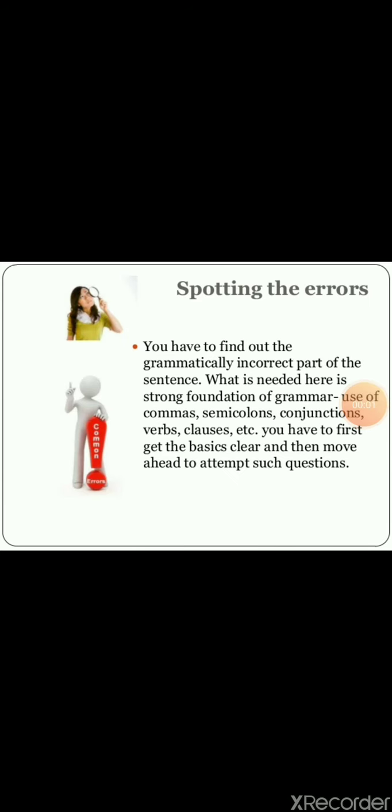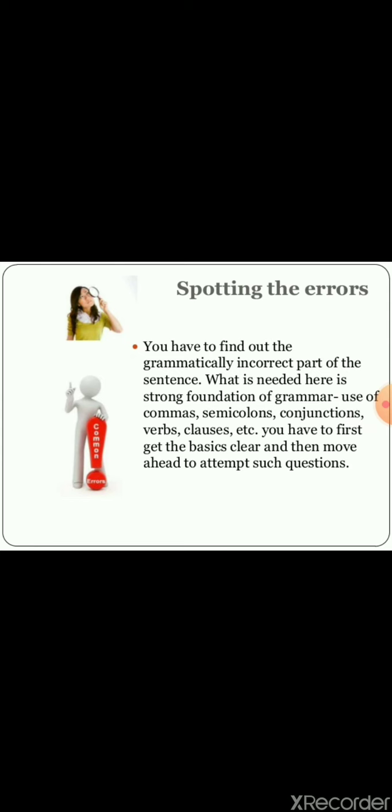Moving ahead with spotting the errors. Spotting the errors is asked in verbal reasoning. It comes in the category of verbal reasoning, as synonyms and antonyms come in the category of verbal ability. In verbal reasoning, spotting the errors, sentence correction, and the erroneous part of the sentence come under this title.